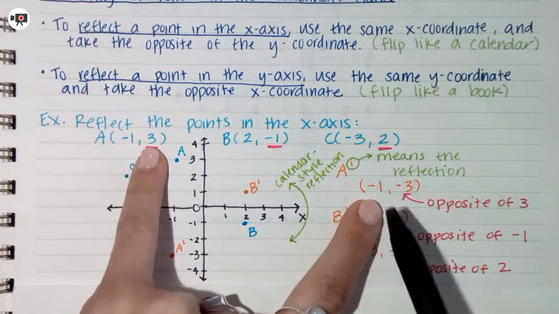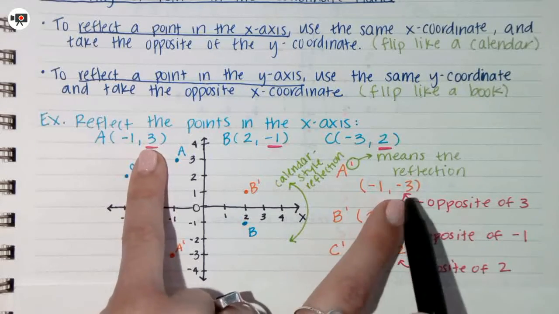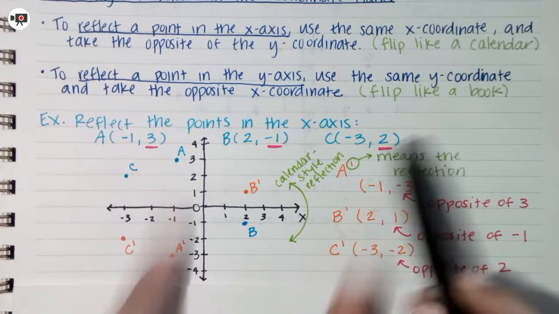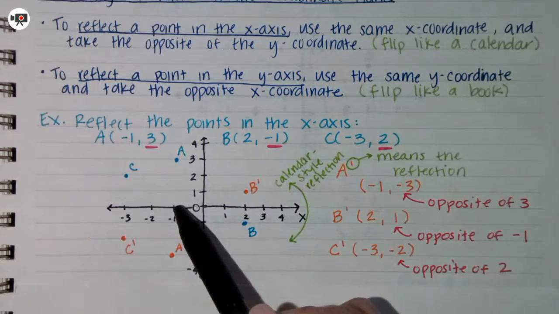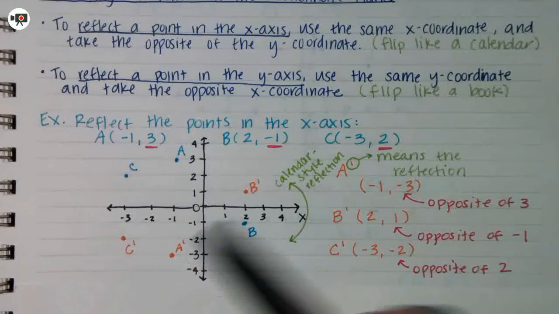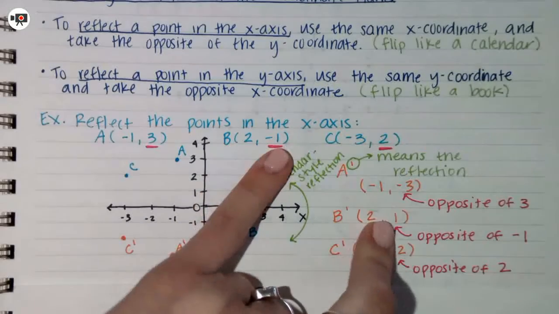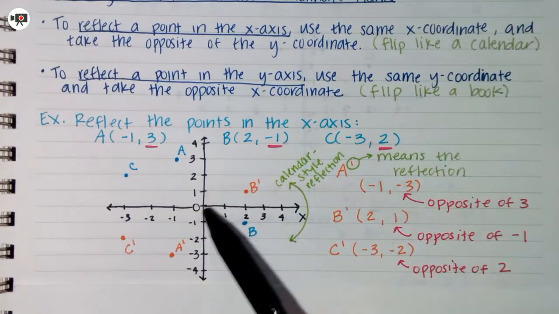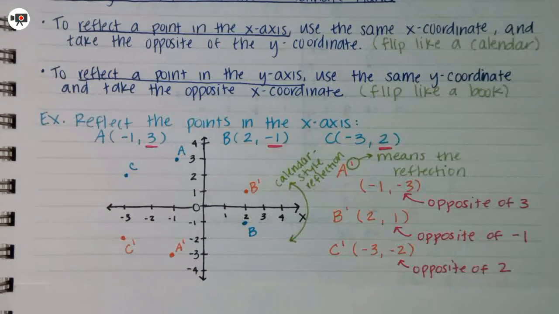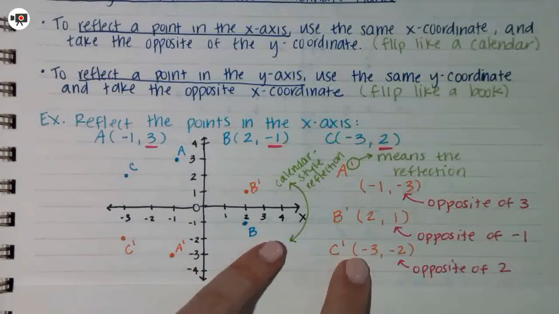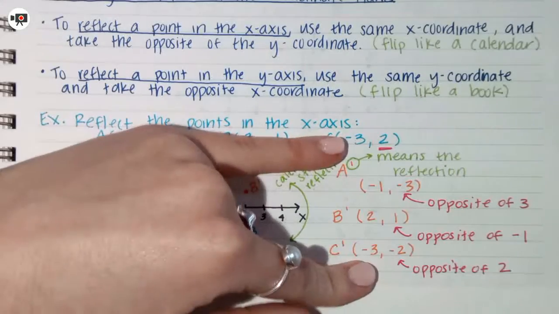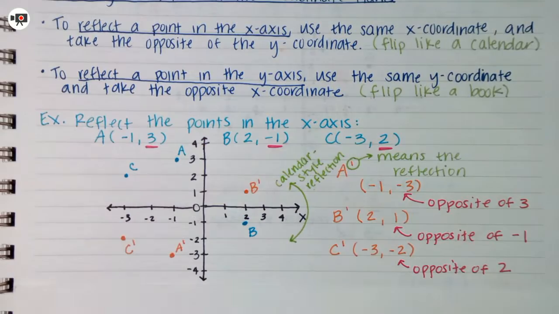And the opposite y, the opposite of 3 is -3. So A prime is -1, -3. For B, keep the x the same and opposite y. So I have 2, 1. And to make C prime, I keep the x and opposite y.